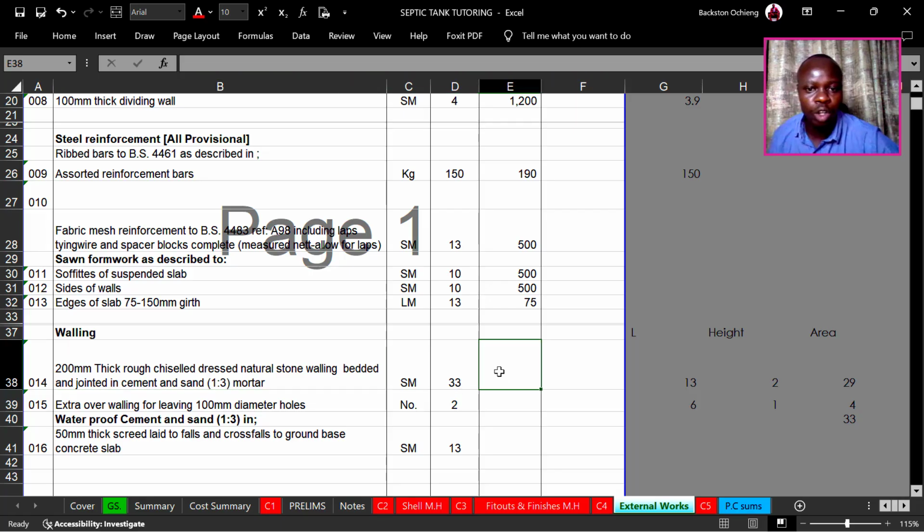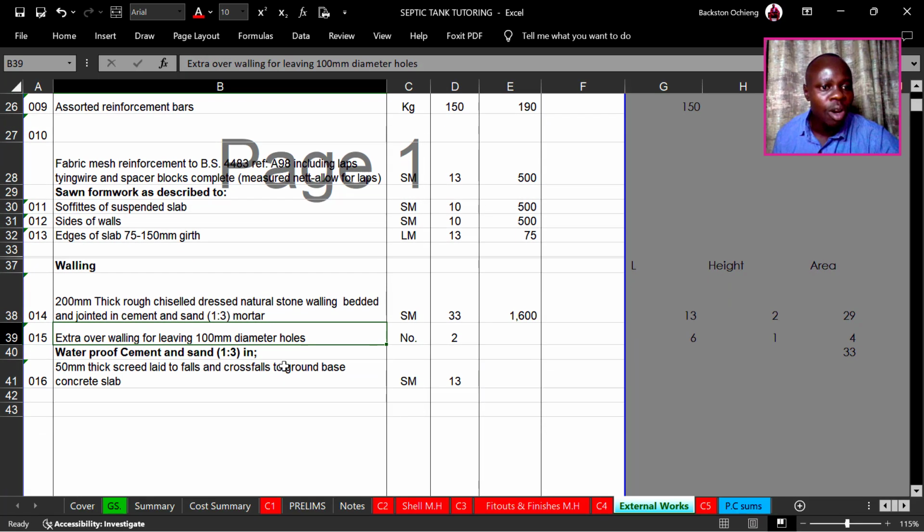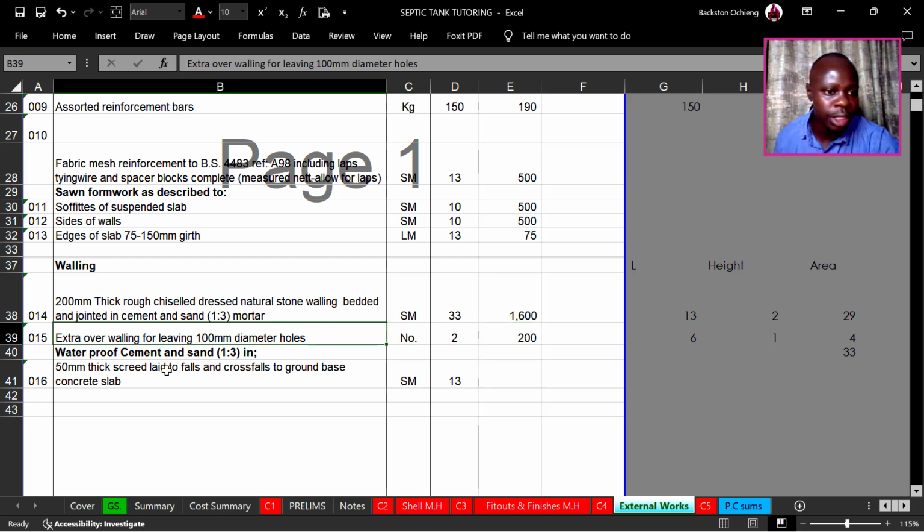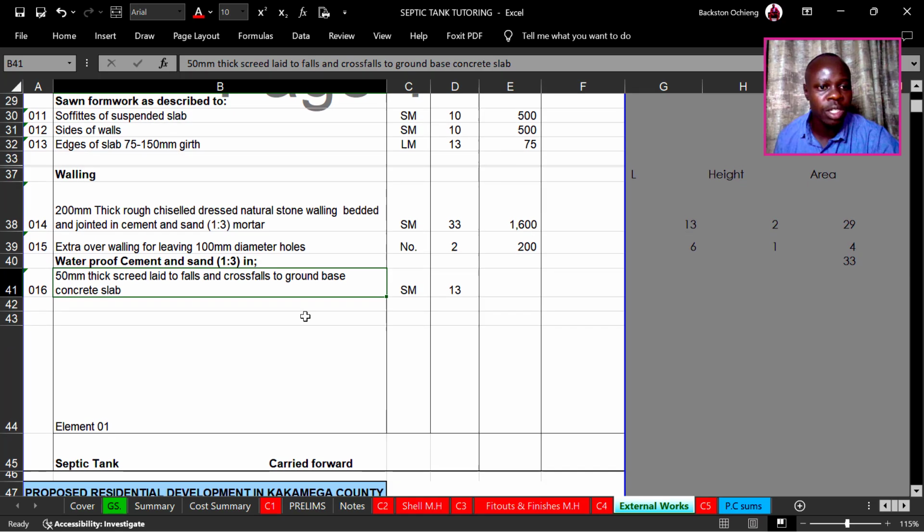Then natural stone walling, we can do 1600. Extra over walling, leaving 100 millimeter diameter holes, that one we can do let's say 200. Then waterproof cement, waterproofing of that.